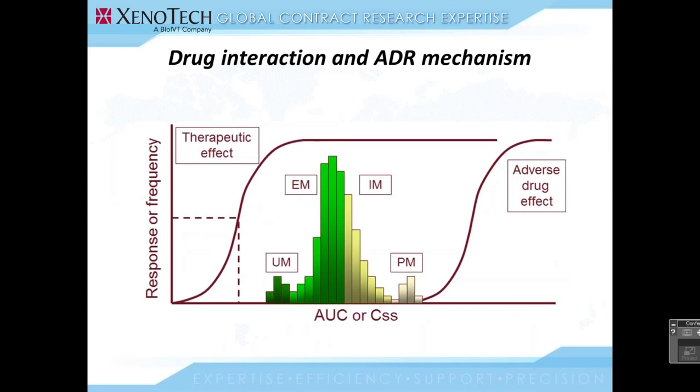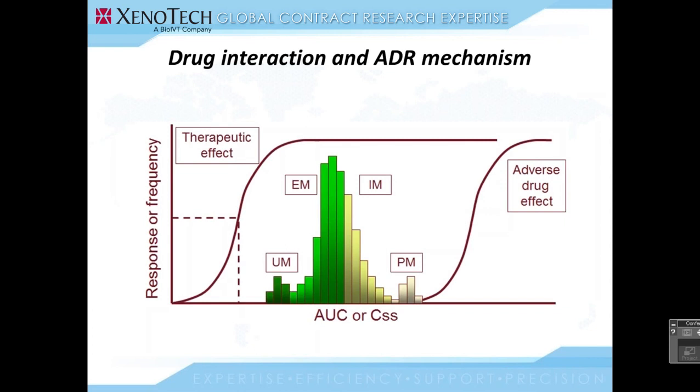Let's assume that a patient population receiving a drug of broad therapeutic interest has varied abilities to metabolize it, as reflected by measures of exposure, either area under the curve or concentration at steady state. A narrow therapeutic drug would be represented in this type of graph by a line depicting on the left therapeutic effect and on the right adverse effects moving closer to the center of the graph.